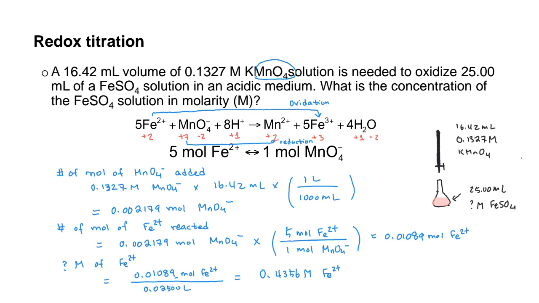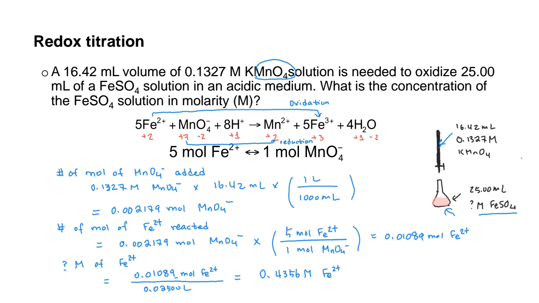The concentration of the permanganate solution is 0.1327 molar, and it was placed in a burette. And 25 mL of unknown iron sulfate solution was placed in a flask. You slowly add the potassium permanganate solution, and near the end point, the solution color turned a pale pink.